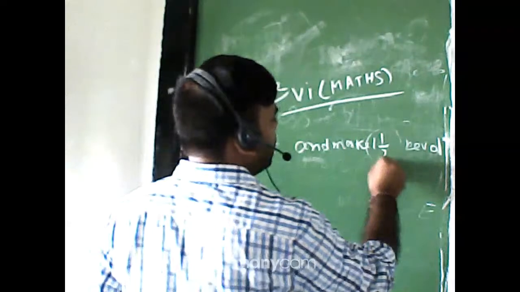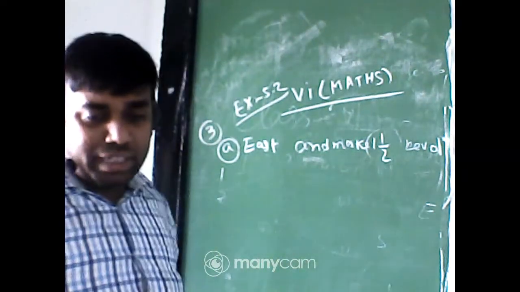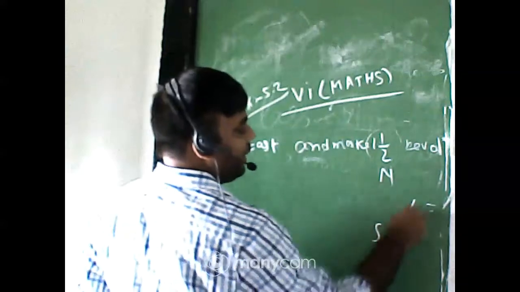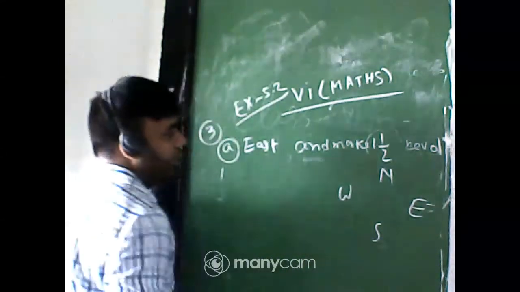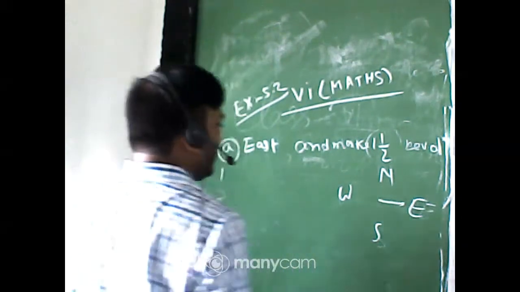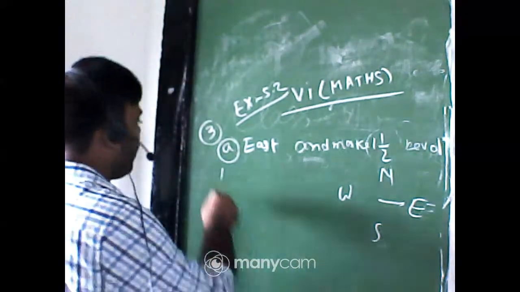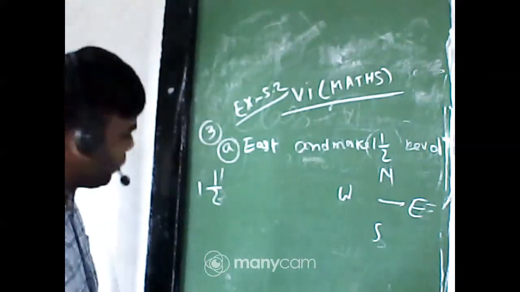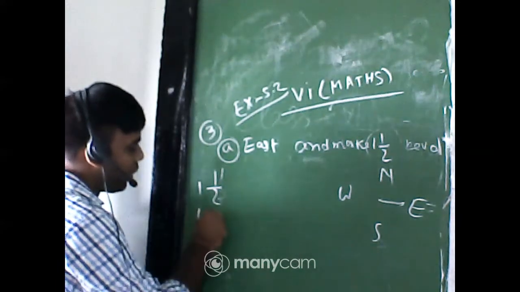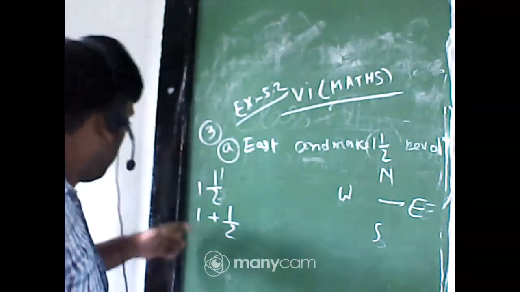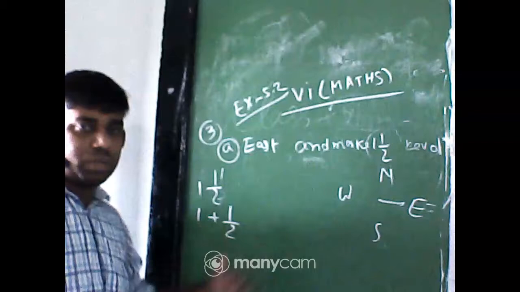For doing this, just write it down: north, south, east and west. Initially you are facing at east, and 1 whole 1/2 revolution. 1 whole 1/2 revolution means you can write it like 1 plus 1/2. Any problem?